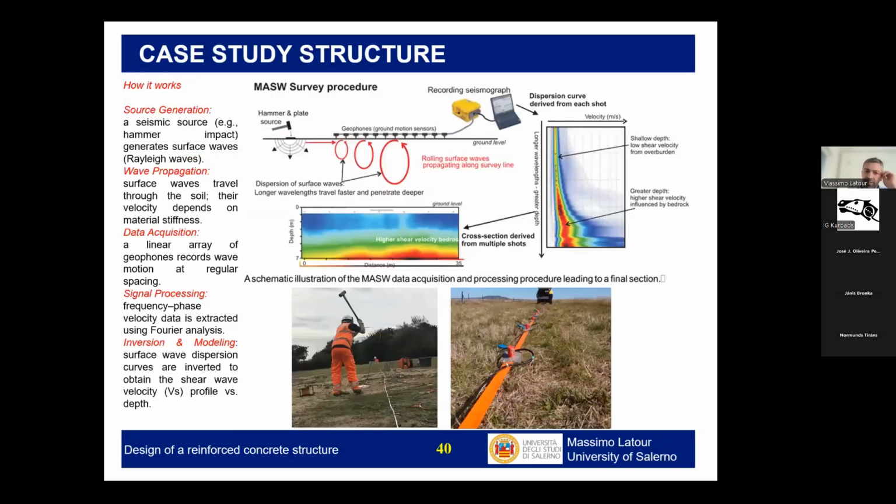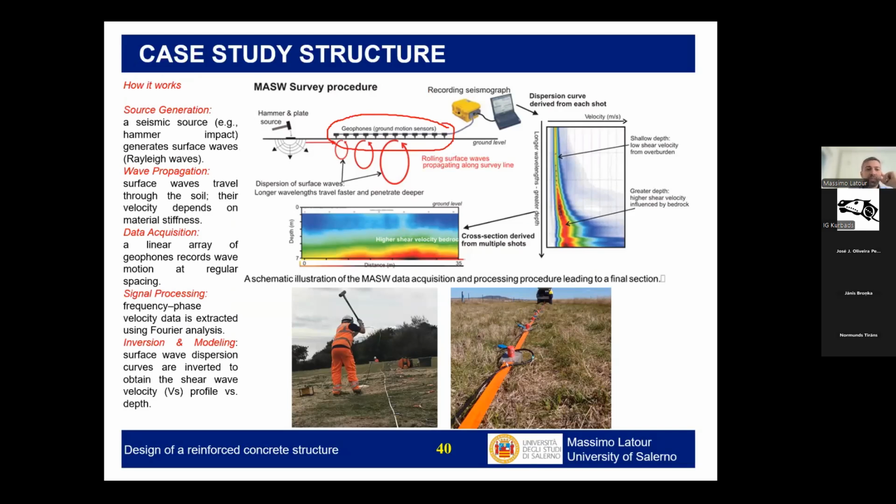So the technique is based mainly on the, I have no idea if it is very much used in your country, but maybe it already is, so there is no need for me to explain, but I give just some time to explain this thing. So the technique is basically applied using geophones, which are located on the soil, and basically a hammer is used to generate surface waves in the soil.